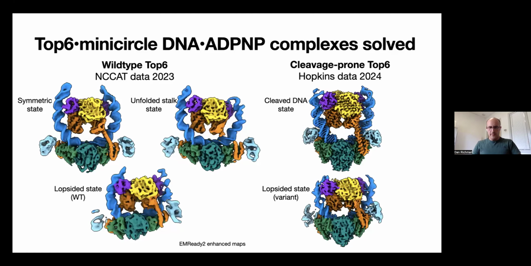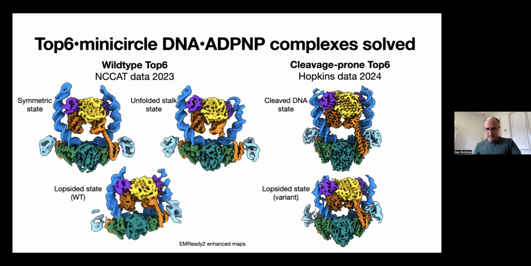And these data sets gave us a symmetric uncleaved state, a slightly asymmetric uncleaved state in which we have this slightly tilted ATPase dimer and an unfolded transducer stalk, and then a really asymmetric lopsided uncleaved state.